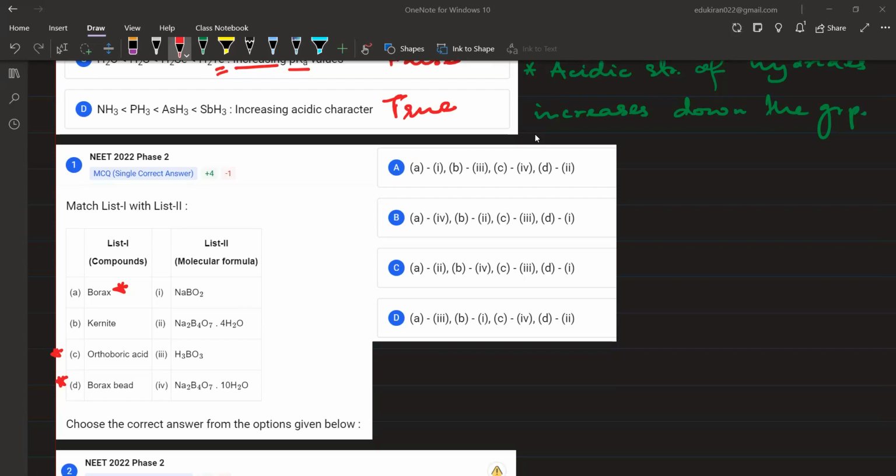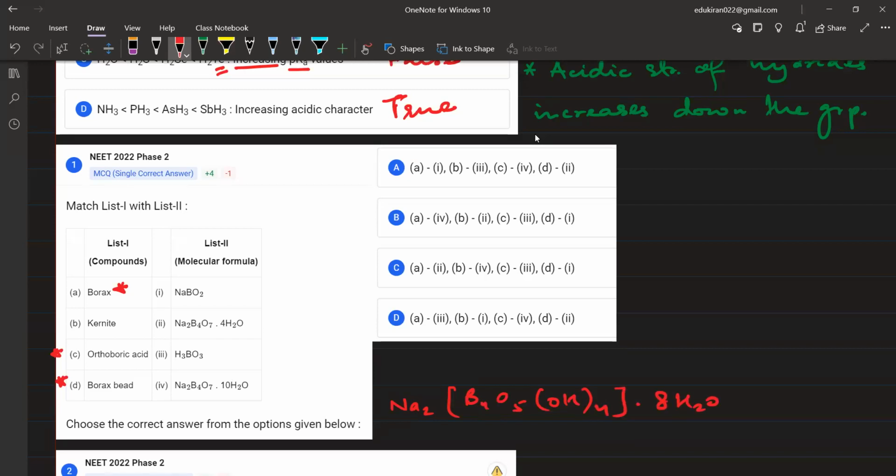Okay. So for borax, there are two formulas, and you have to remember both. Please write here. One formula is Na2, and in the complex we have B4O5 and 4 hydroxide ions dot 8H2O.